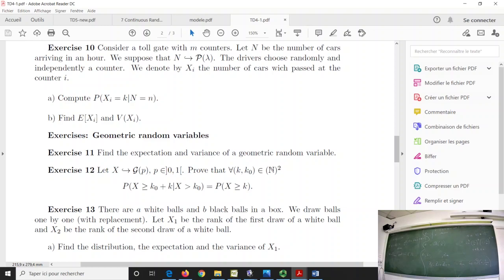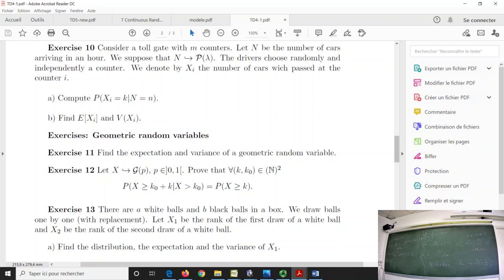Of course, it's not possible for the number of cars that pass at the counter I to be greater than the total number of cars. So I have this restriction on k and n. If I write the probability I am interested in, I see that these conditional probabilities will be 0 if I don't check this.